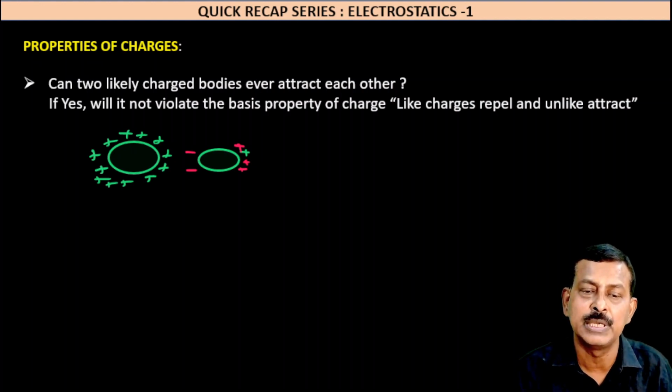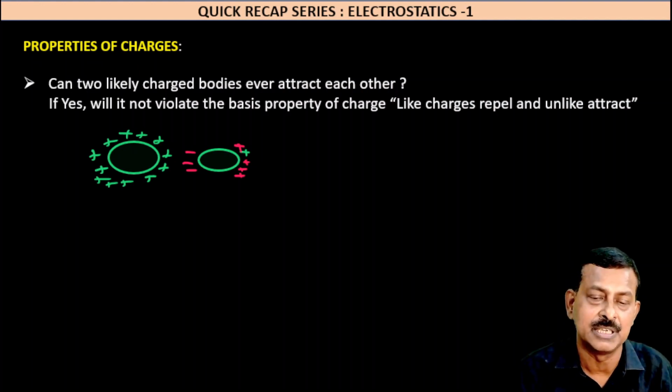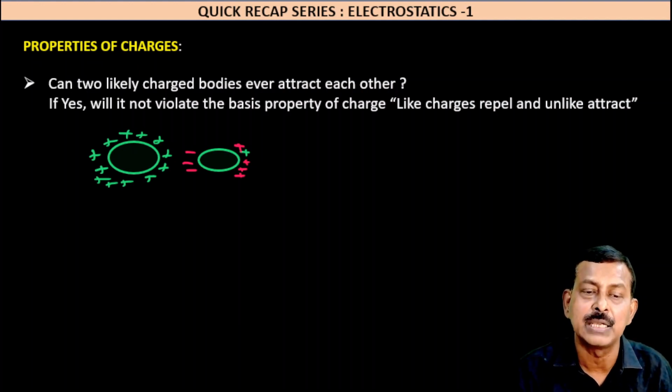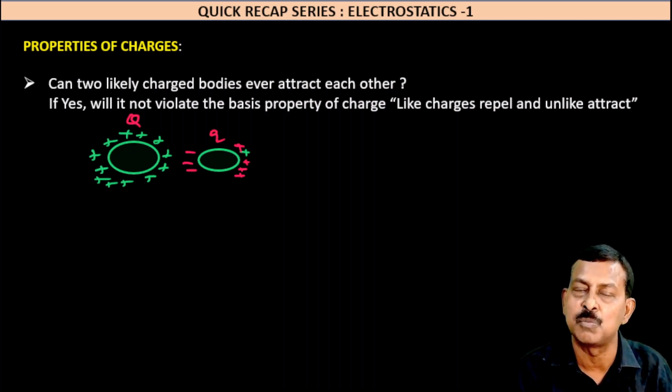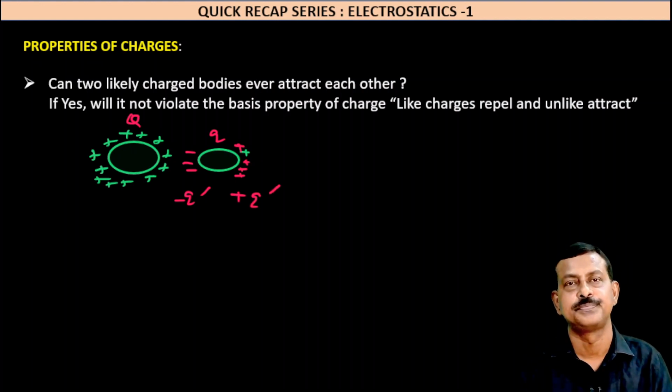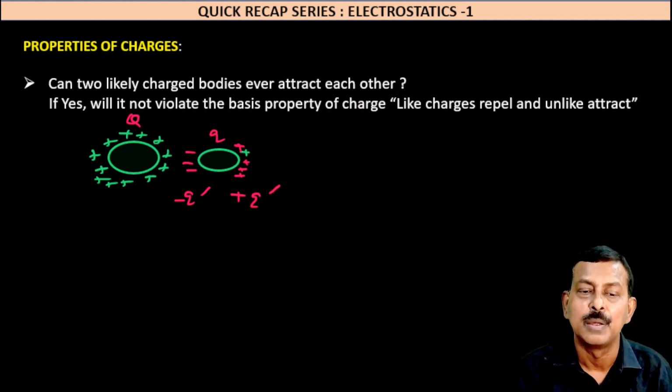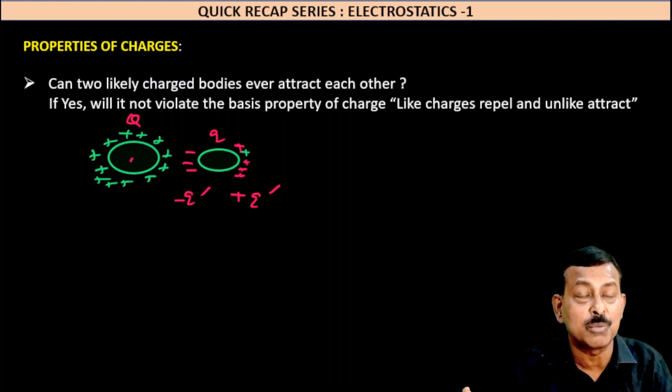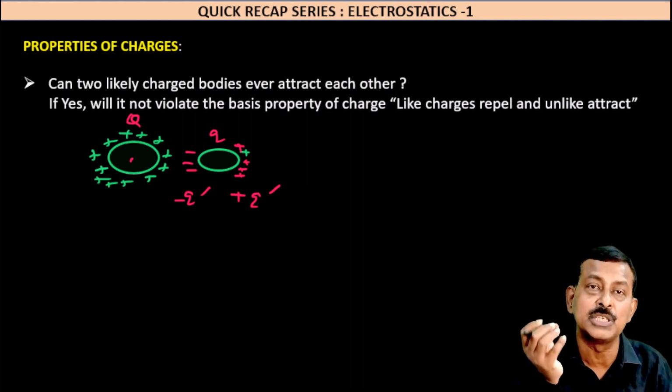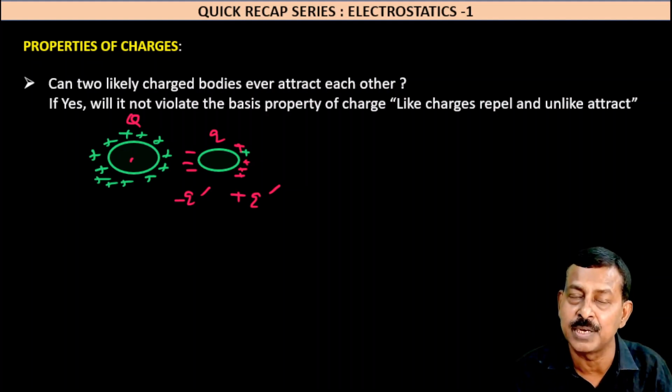So here you'll find that there will be negative charge developed. Now, suppose I assume that initially the first body has the charge capital Q, this one has the charge small q, and the charges which are induced are minus q dash and plus q dash. Now here you'll find the center of the charge on the first body will be almost at the center, because the charge on the second body was less, so it is not going to disturb much the charge distribution of the first one.